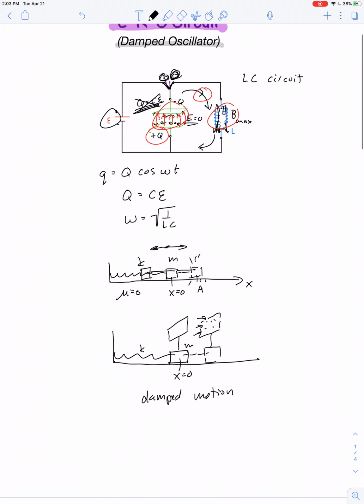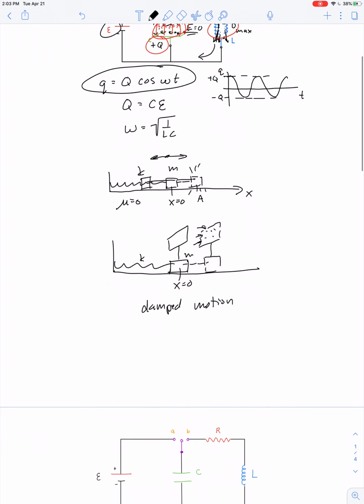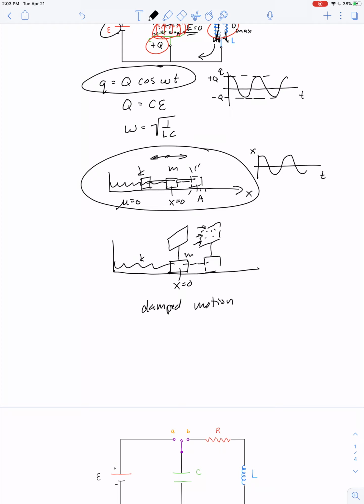In the LC circuit, if we were to graph the way the charge on the capacitor plates varies with time, we just get a graph of something that looks like a cosine curve, where positive Q and negative Q represent the bounds for the charge, and this cyclic behavior just goes on and on and on. And that's the same graph as you would have for position as a function of time for the basic mechanical oscillator.